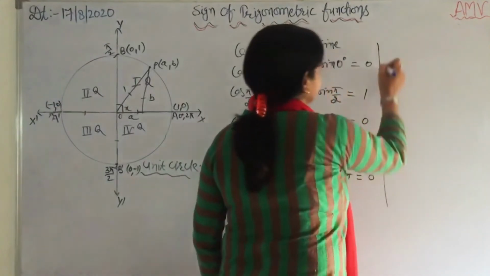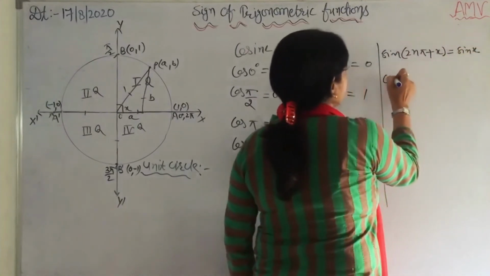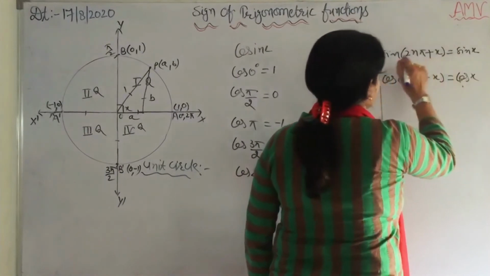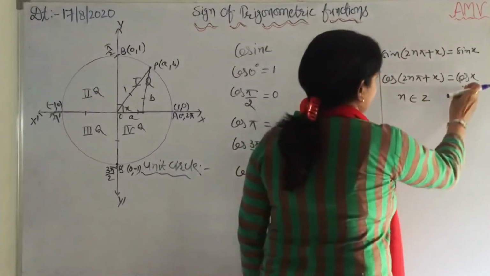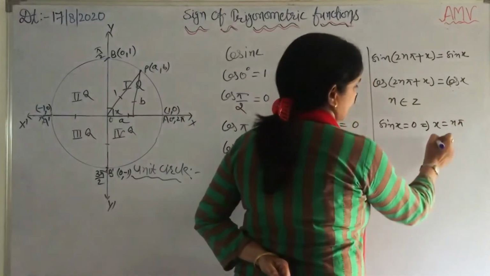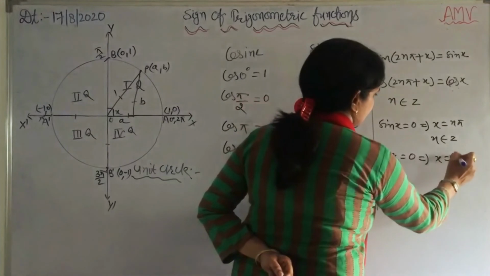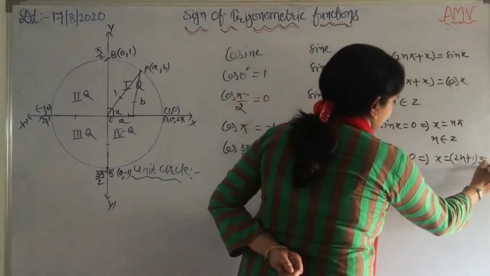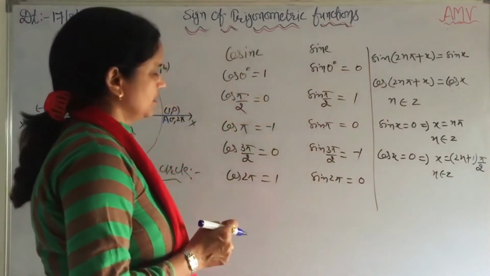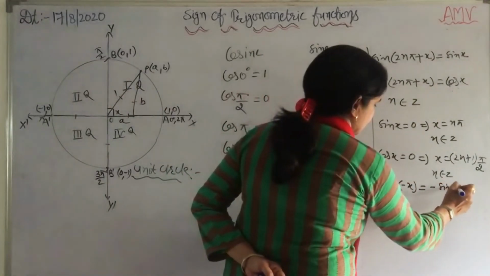So we can say that sin(2n pi + x) is sin x, and cos(2n pi + x) is cos x, for n belongs to Z. And sin x equal to 0 implies x is equal to n pi for n belongs to Z. And cos x equal to 0 implies x is equal to (2n+1) pi by 2, where n belongs to Z.